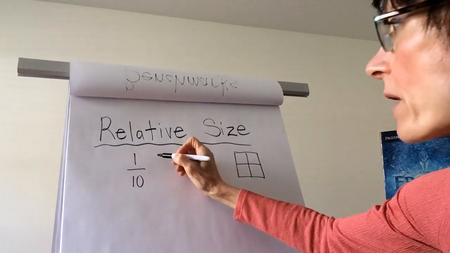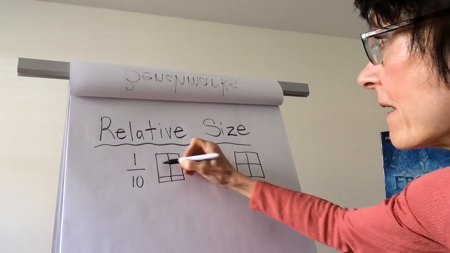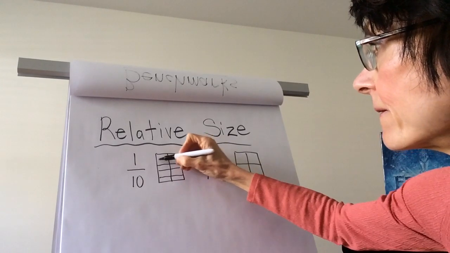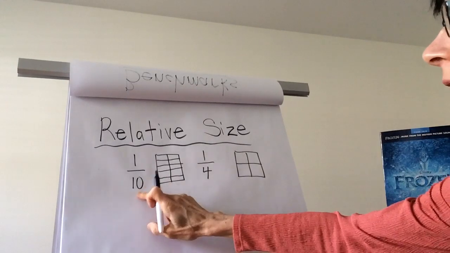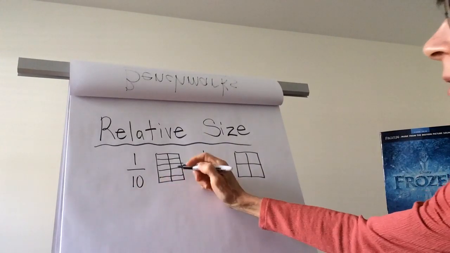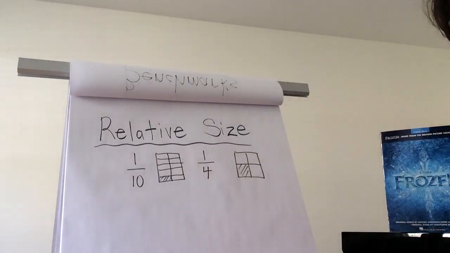If you divided your brownie pan into 10, you can see that you're going to get a smaller part. So you can see that 1/10 would be a much smaller section than 1/4. And that's another way that you can tell the size of fractions.